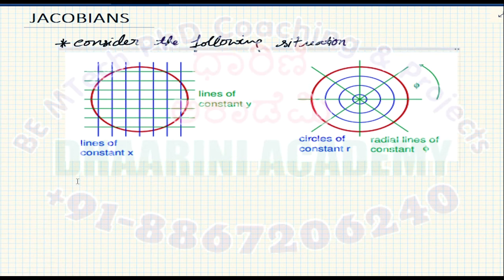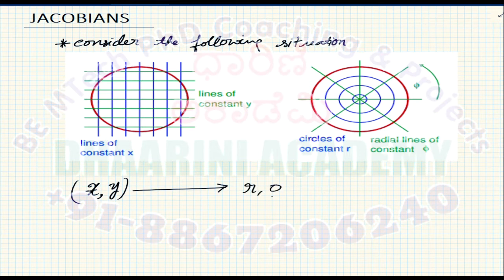So the overall idea here is to make a transformation from the old coordinates, that is x and y, into a set of new variables. Let's call it as some r comma phi.